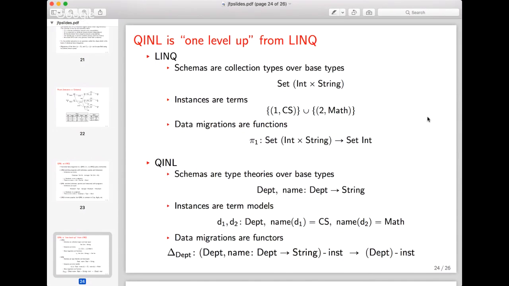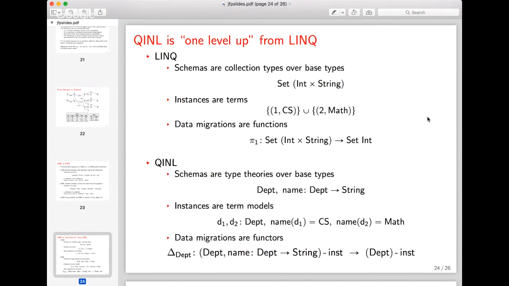That's meant to suggest the table with one department number 1 called CS and department 2 called math. And then data migrations are just functions which can be expressed as terms. So here the projection function takes a set of integers and strings and just returns the integers. So you can think of that as projecting off from this table just the department IDs, for example.